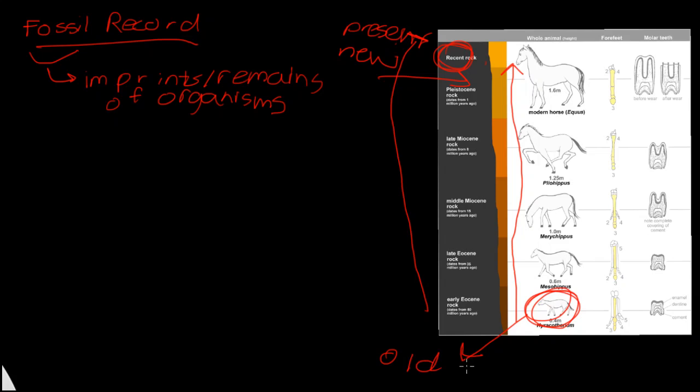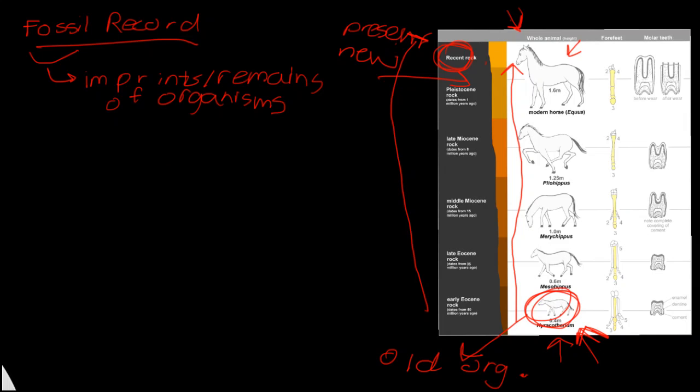This is an old version of the organism. This is the evolved version, and this is the organism from a long time ago, which was not evolved. So the fossil record can show us which organisms are new, or which traits are new, and which traits are old.